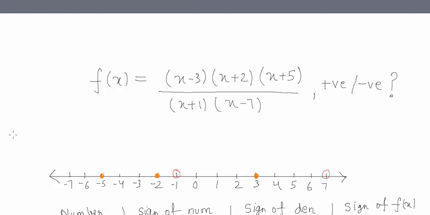Let's say I had a function which had two roots, and it looked something like this. So this function is positive between these two roots, but could it be the case that I had a function with two roots and within that interval it showed both signs, positive and negative?